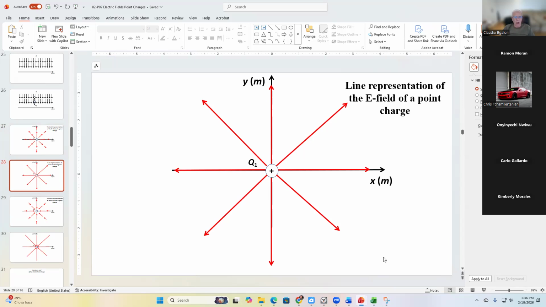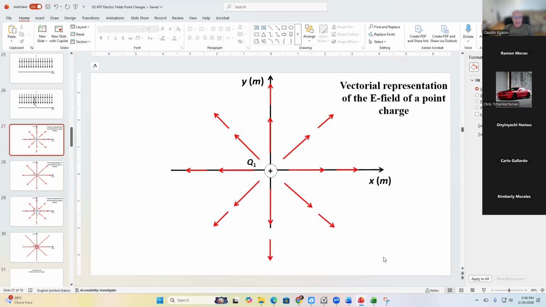If it's a positive charge, the continuous arrow points away from the charge. Okay? And here, we already know that the magnitude of the electric field is represented by the length of the arrow, right? The length of the arrow represents the magnitude of the electric field.